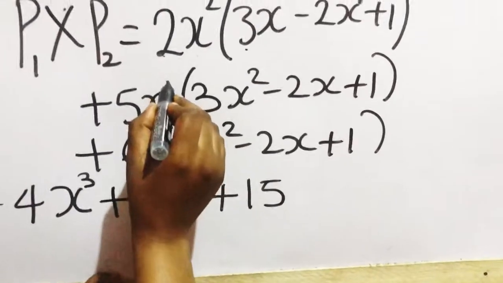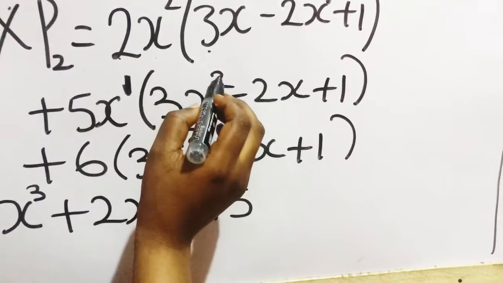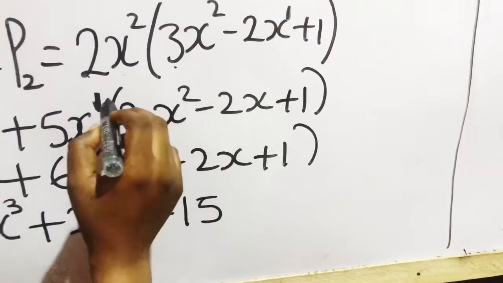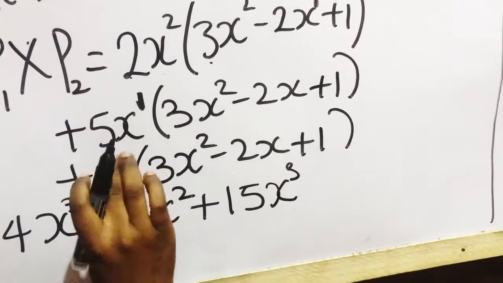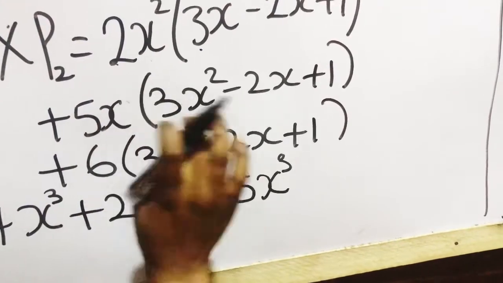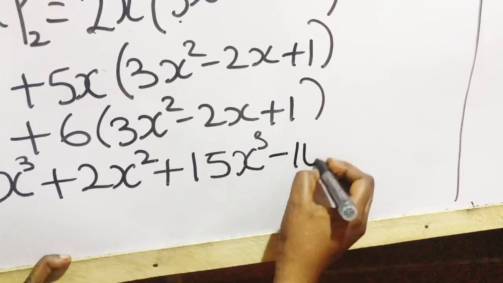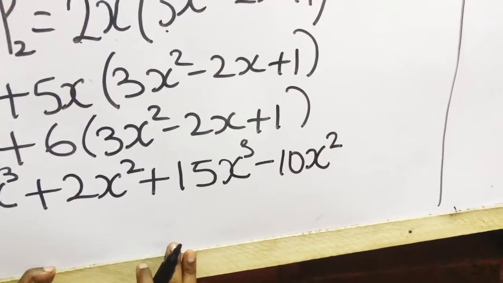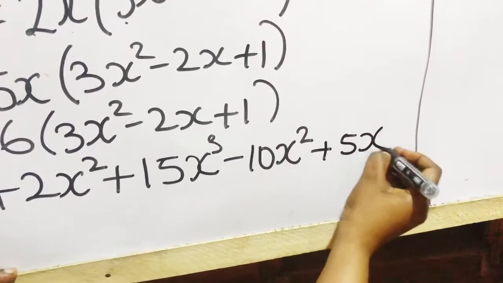Then the power of x here is 1, and you add it to the power of the other one that we are multiplying it with, so x raised to power 3. 5x multiplied by minus 2x will give you minus 10x squared. Plus 5x multiplied by 1 will give us plus 5x.